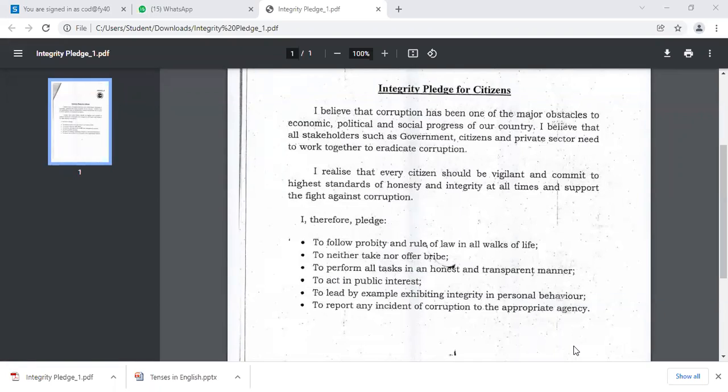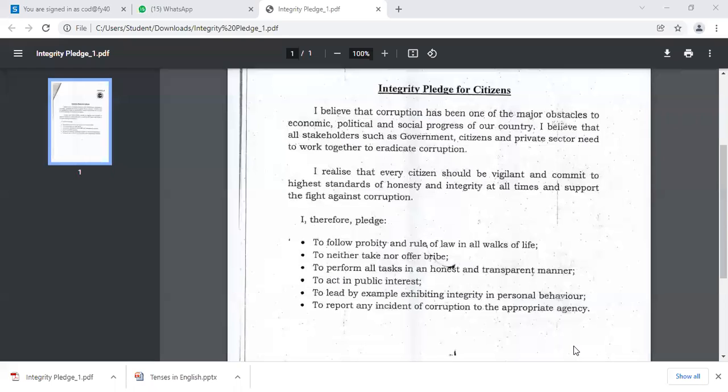I therefore pledge to follow probity and rule of law in all walks of life, to neither take nor offer bribe, to perform all tasks in an honest and transparent manner, to act in public interest, to lead by example, exhibiting integrity in personal behavior, and last, to report any incident of corruption to the appropriate agency.